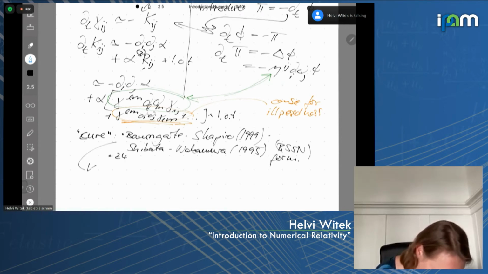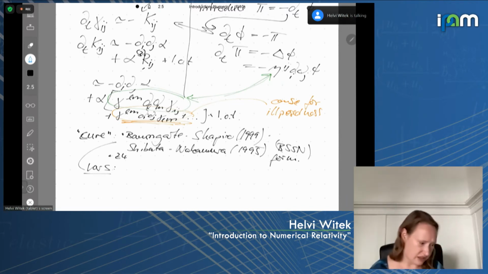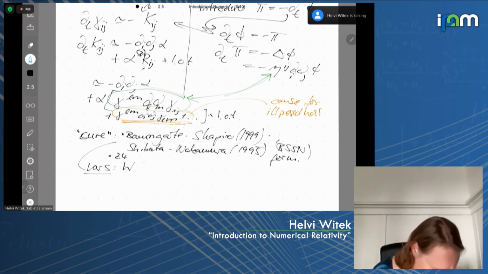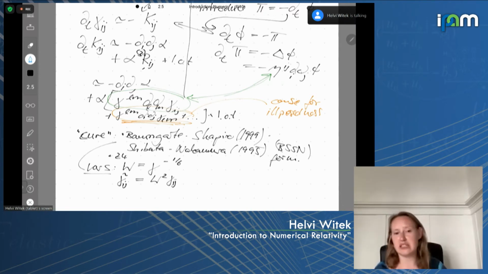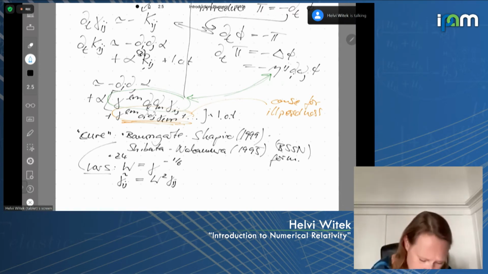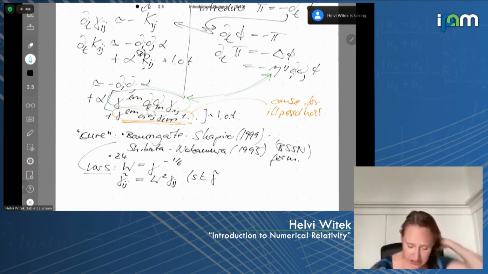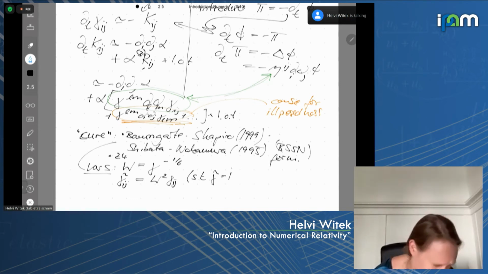The variables that we have in the BSSN formulation are a conformal factor. Let me call this W, which is the determinant of our 3-metric to a certain power. We have the conformal metric gamma ij tilde, which is this conformal factor squared times gamma ij. This conformal metric is not actually a tensor, it's a tensor density, and it's chosen typically in such a way, and now there are extensions thereof, that the determinant of this conformal metric equals 1.